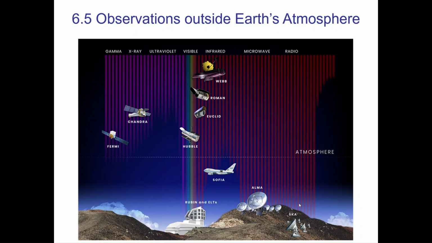And then we talked about radio astronomy, what the radio telescope looks like, and how we can use an interferometer to increase the effective size of a radio telescope for us to see more detail. Finally, we talked about observation outside Earth's atmosphere, and why we need space-based telescopes for us to observe the electromagnetic radiation across the whole range.